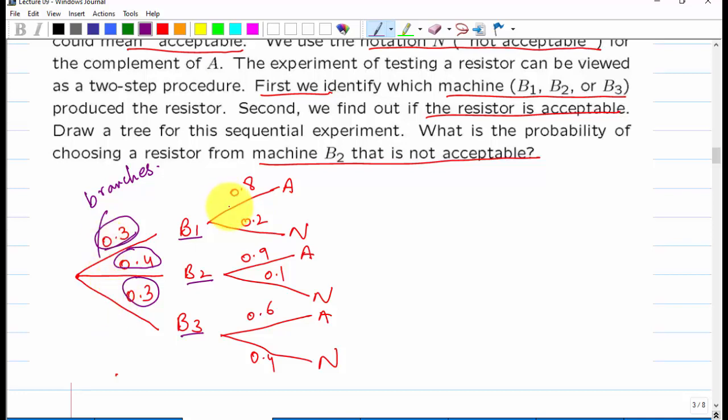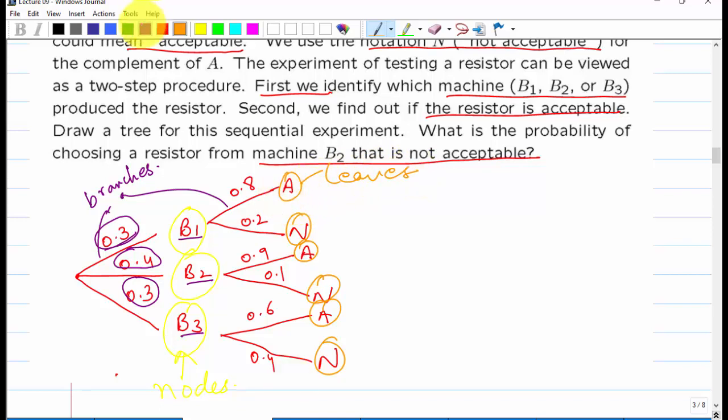All these branches are showing us the probabilities. And these B1, B2 and B3 are called the nodes. As we don't have any further sub experiment, the last ones will be the leaves, as we defined earlier.